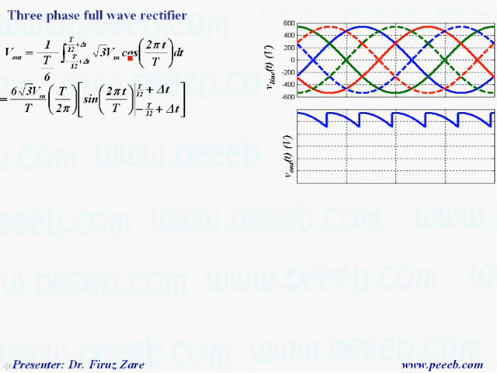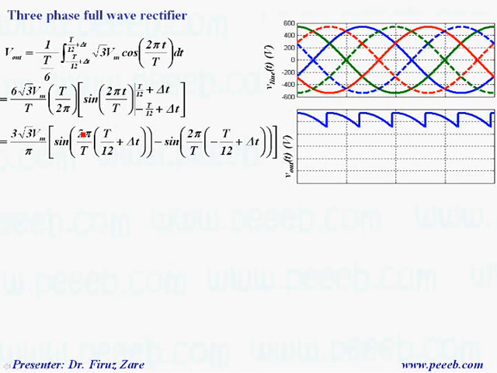The integral of cosine at, if this term is a, is sine at times 1 over a, evaluated between the upper and lower limits. And when we multiply this term into this term, we have 6 times root of 3 Vm over T.